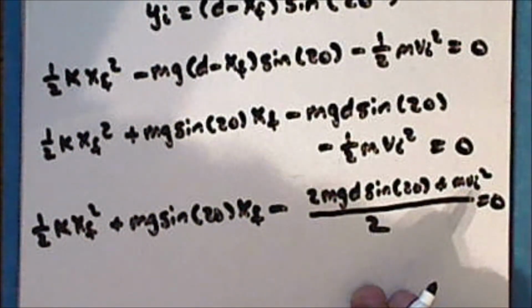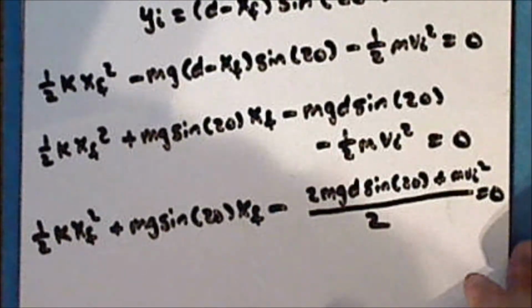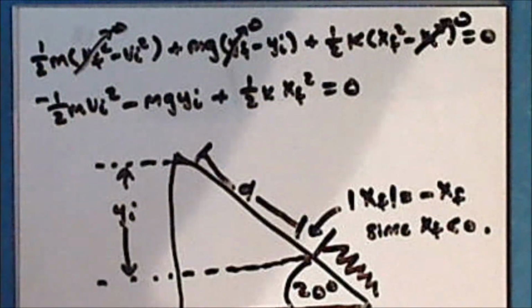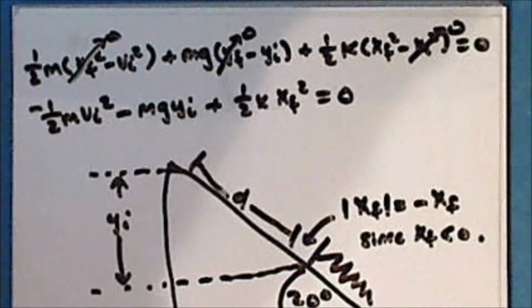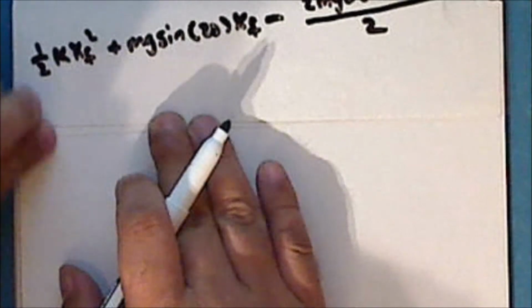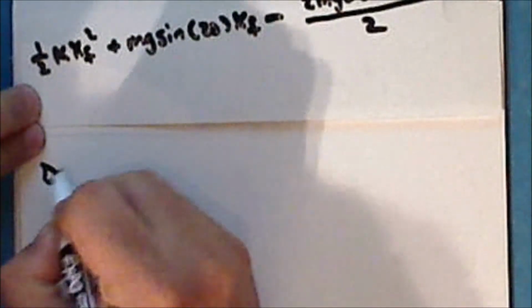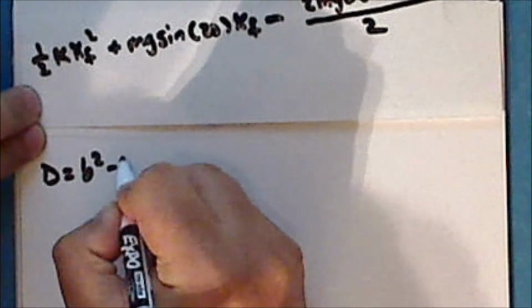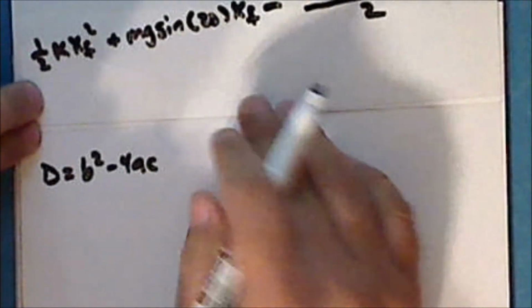Now this is a quadratic equation, and so we can solve it using the quadratic formula. Now this is a very bulky equation, so I'm going to break it into parts. So first we'll find the determinant, which is the b squared minus 4ac term.